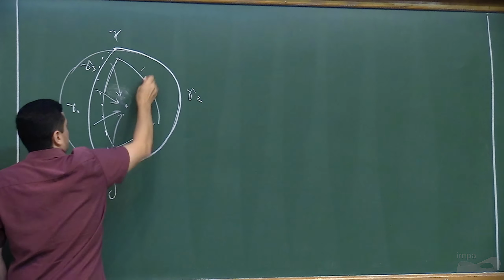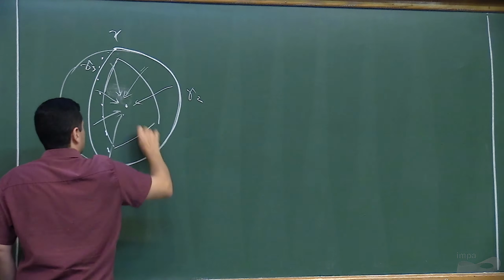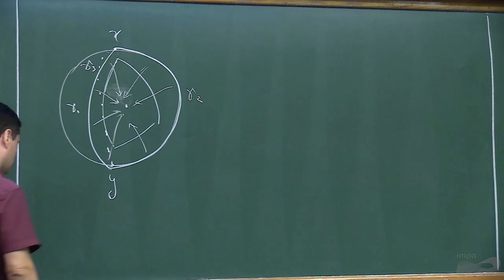So the idea is to run this Birkhoff curve shortening procedure in each of these 3 regions. For each one, what you get is a sequence of curves of decreasing length. All lengths are bounded by 2 times the distance between x and y.